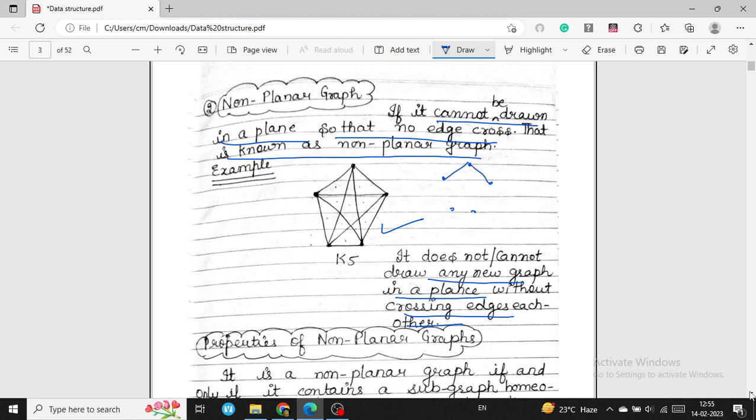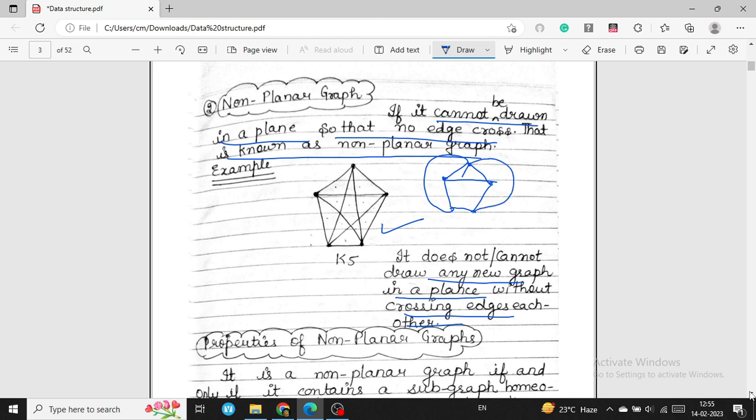First of all, I will join all the nodes by edges. First, I draw this line. When I draw this line, it will cross, so I draw it outside. When we draw this line, it will also cross, so I draw it from outside.